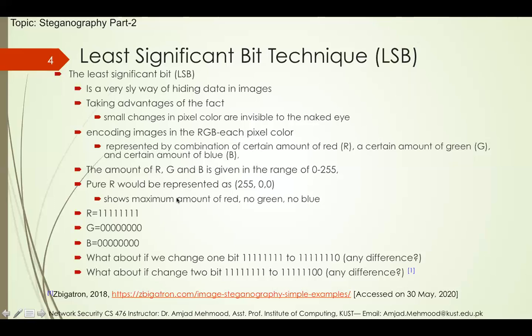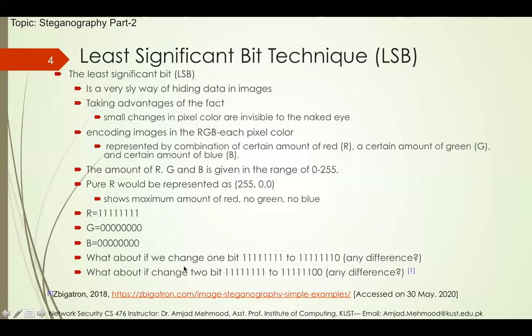Pure red would be represented as 255, 0, 0, which means you have all bits representing red, but there is no green and no blue. For example, in the red you have all 1s, and in green and blue they are 0, because this is pure red.